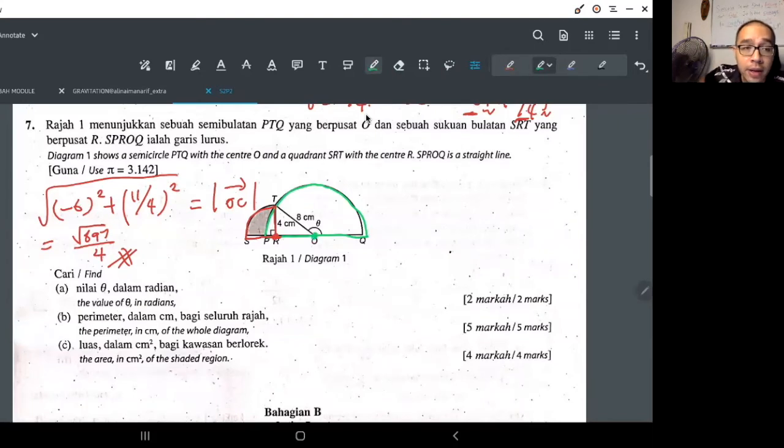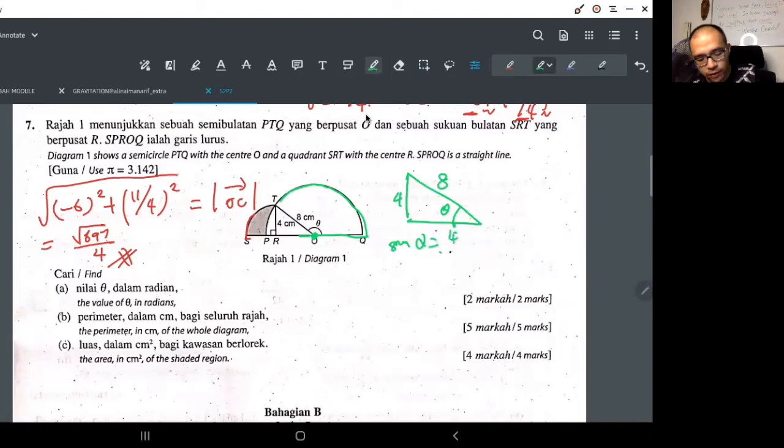Find the value of theta, the value of theta in radians. Now, so the good news is we have, sorry, which is the 4? Okay, so this is the 4. So the good thing is we can calculate this angle. If this is 4, this is 8, we would use sine. So sine theta equals to 4/8.